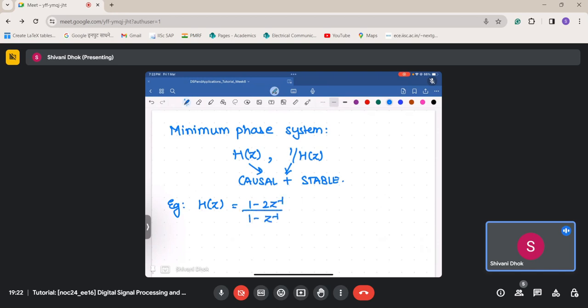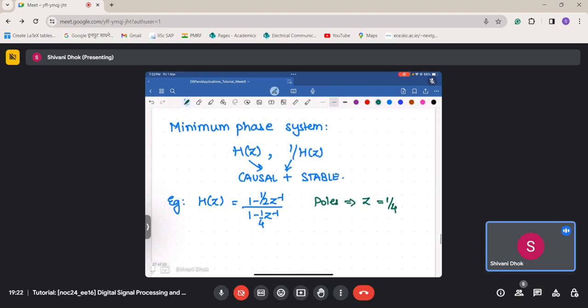Here I have a single pole, z equal to 1 by 4. Since I have a pole inside, I can find a system that is causal and stable.